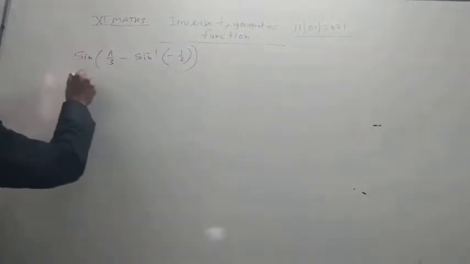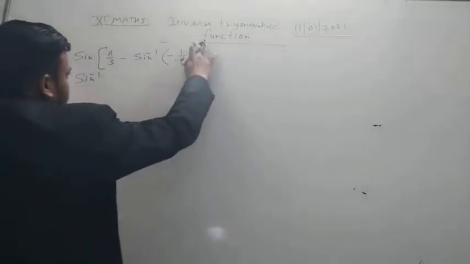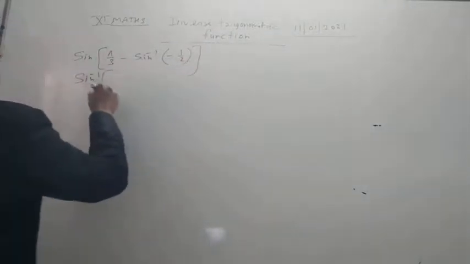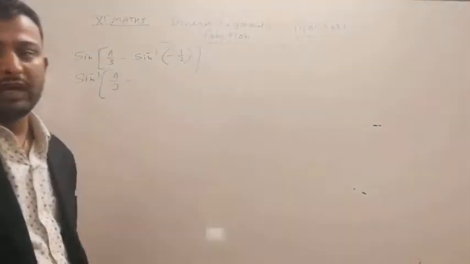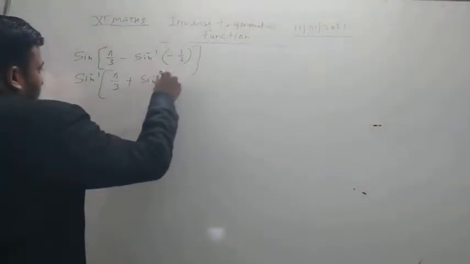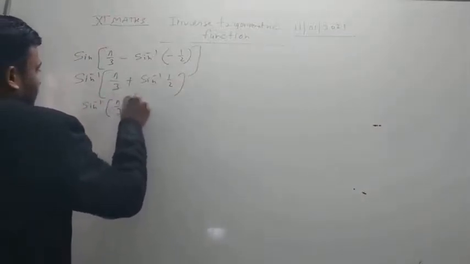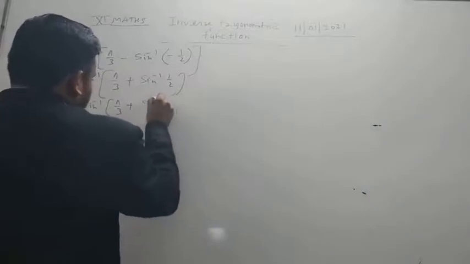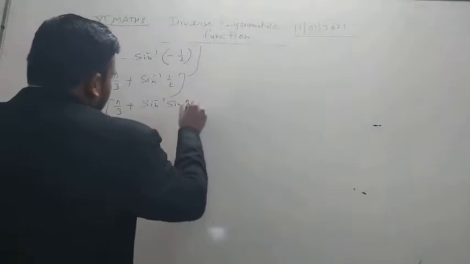Here, sin inverse of minus theta is minus sin inverse theta. So we can write plus sin inverse 1 by 2, and this is sin inverse pi by 3, and 1 by 2 is the value of sin 30. And sin 30 can be written as sin pi by 6.